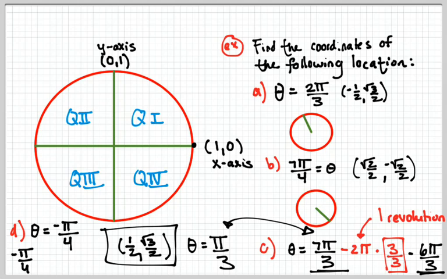So negative pi over 4 plus 2 pi, and you multiplied it by 4 over 4. Raise your hand if you also did this. Only a couple of you? Okay. And 4 over 4 was what? What did you get when you multiplied it out? Oh, I got 8 pi over 4. 8 pi over 4?